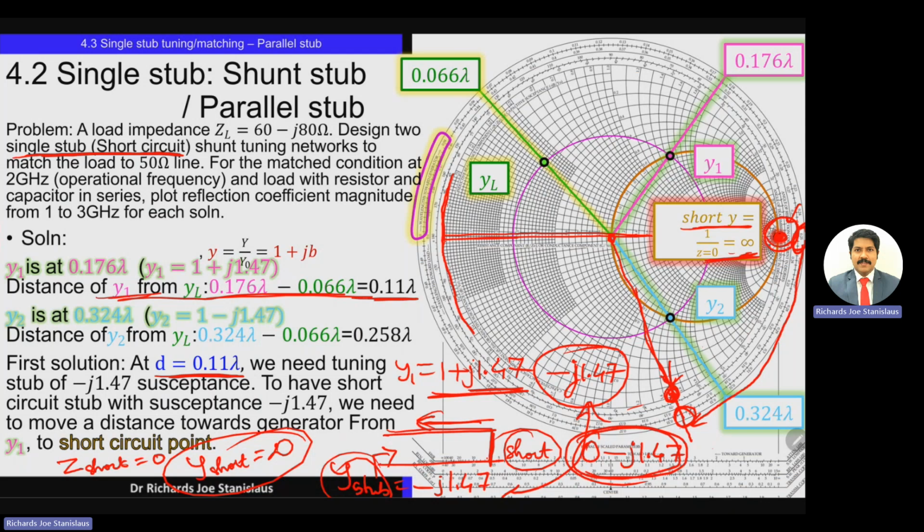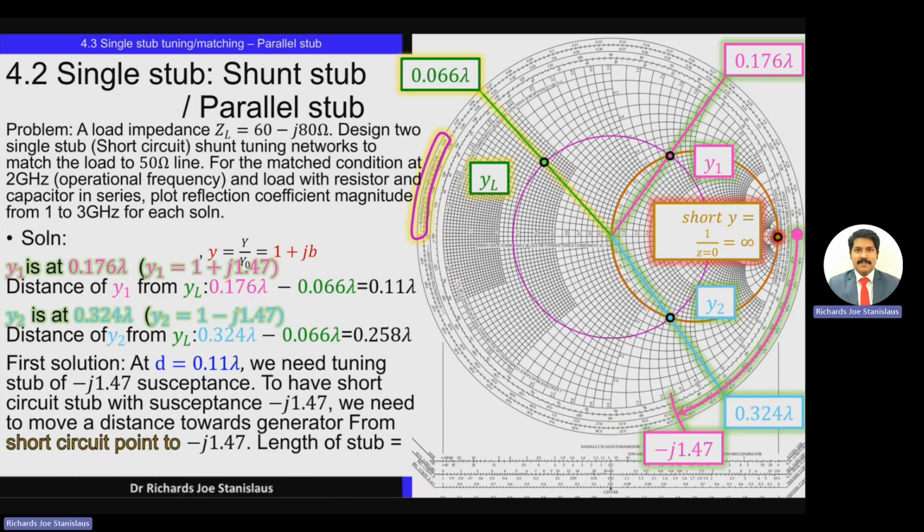So in this way, we are moving from the short circuit of the transmission line, of the stub. From short circuit, we are moving to a point where stub admittance is minus j 1.47. So again, with respect to the values, we'll see in this slide. From the short circuit point, which is at 0.25, we are moving to a location where the admittance value is minus j 1.47.